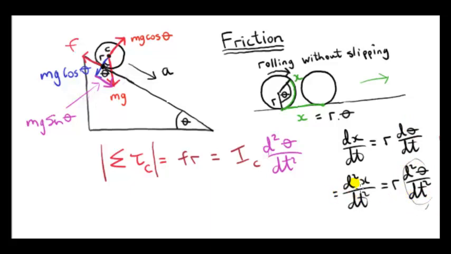But this quantity is also denoted by a, so I'm trying to relate it to this picture here. We want the acceleration of the disk down the incline. So we can see that a is just r times alpha. So that means that we can replace alpha with a over r.